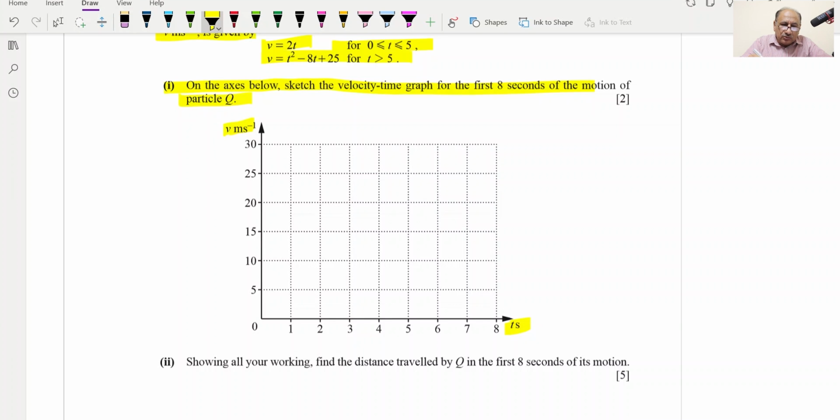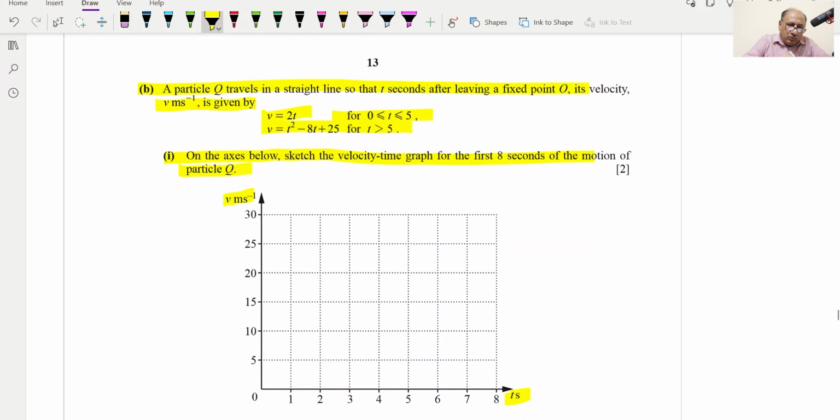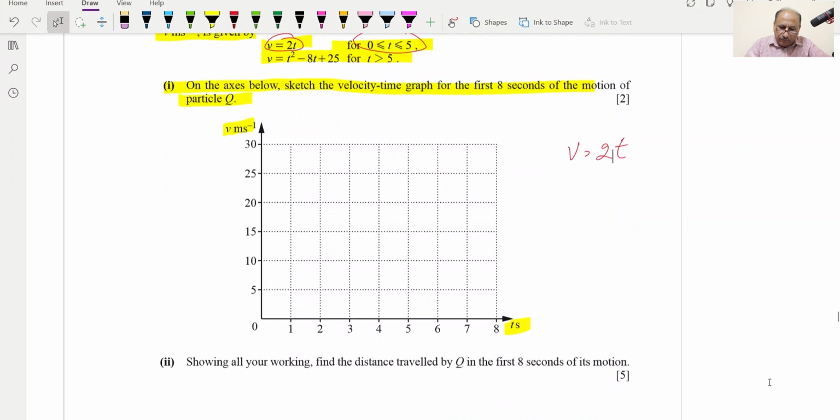So this is seconds. What we will do, we will draw first from 0 to 5. 0 to 5 is v is equal to 2t. 5 is this one, so if we replace t is equal to 5, this will be equal to 10. So v will be equal to 10, and the 10 point is this one for 5.